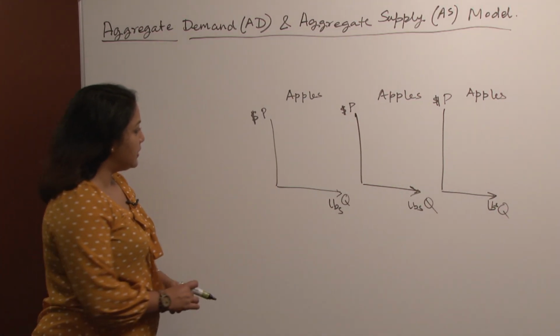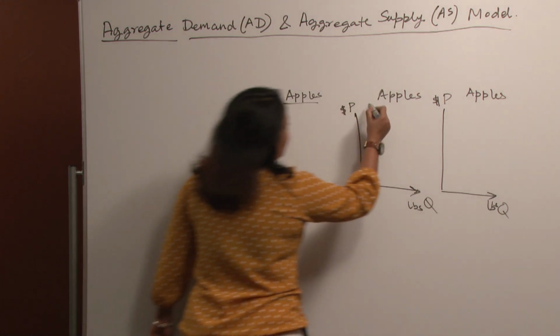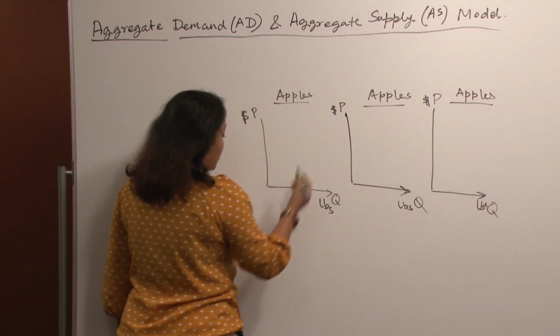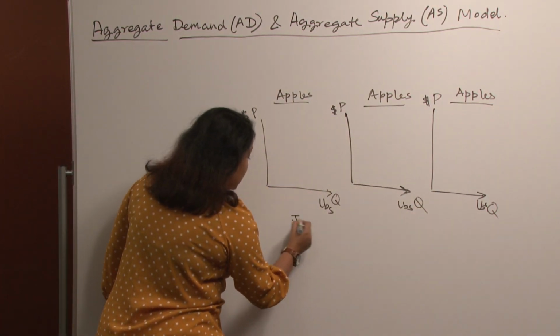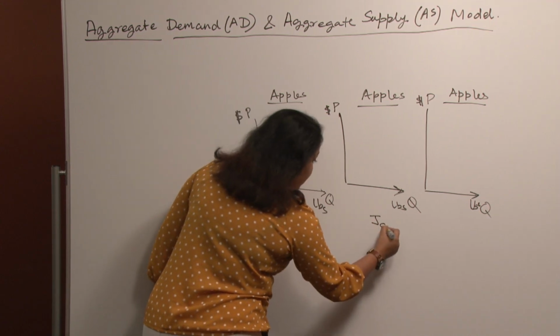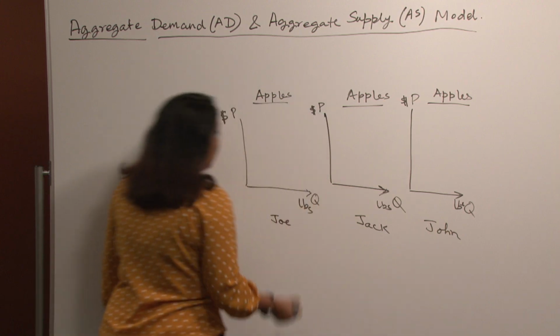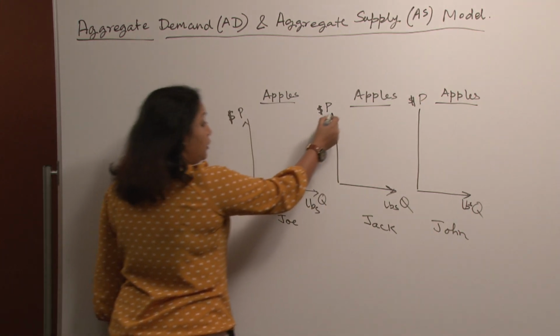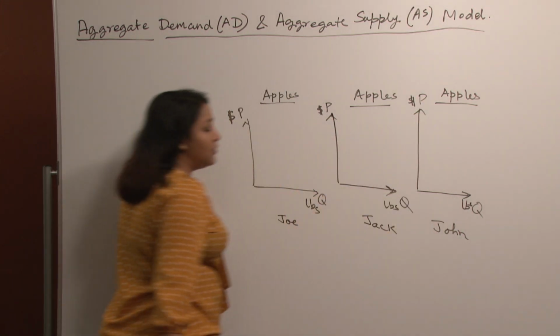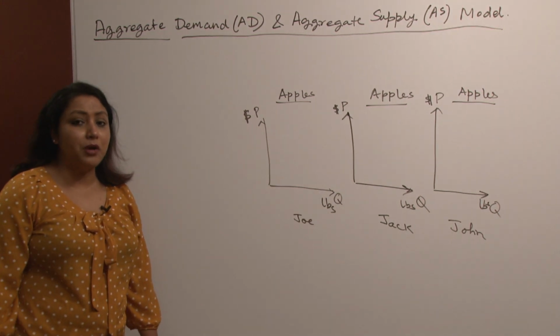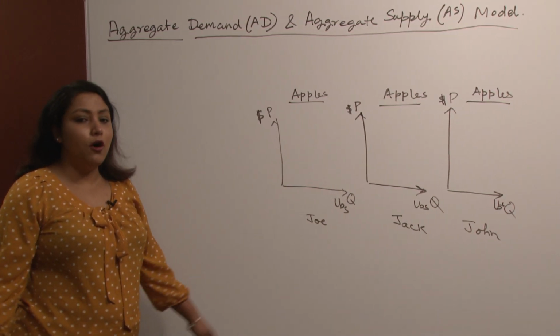So, pounds, let us say, and we had the demand for 3 different individuals. So, let us say Joe, Jack and John, and we said all 3 of them would have an inverse relationship between price and quantity due to the law of demand.